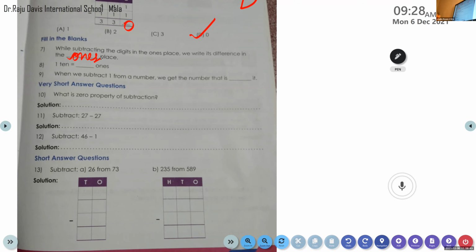Yes. 110 means how many ones are there in 110? 10 ones make 110. Okay, everyone please write the answer. 10 ones make 110. So in 110, how many ones are there? 10 ones.